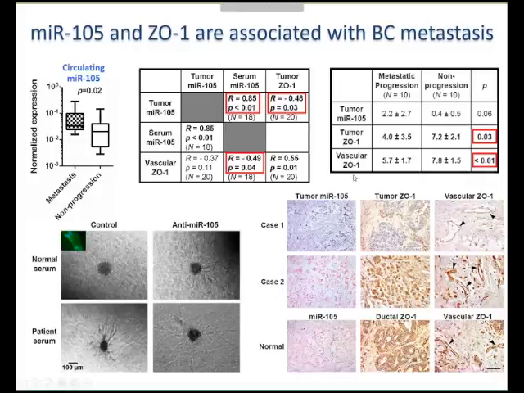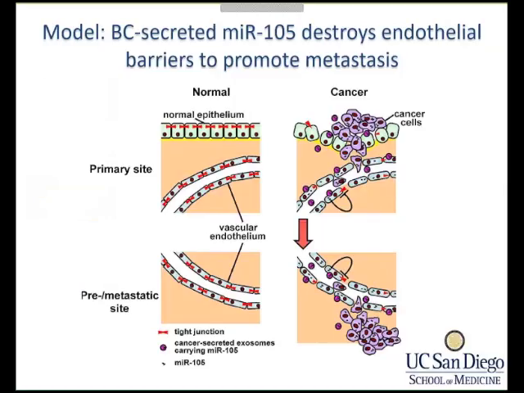And ZO1, as reported previously by others, again, seems to be associated with disease progression in breast cancer. So that is an example I wanted to present today to show how the endogenous microRNAs, including those secreted by breast cancer cells, play a role in cancer progression and metastasis by regulating neighboring or distant non-cancer cells.